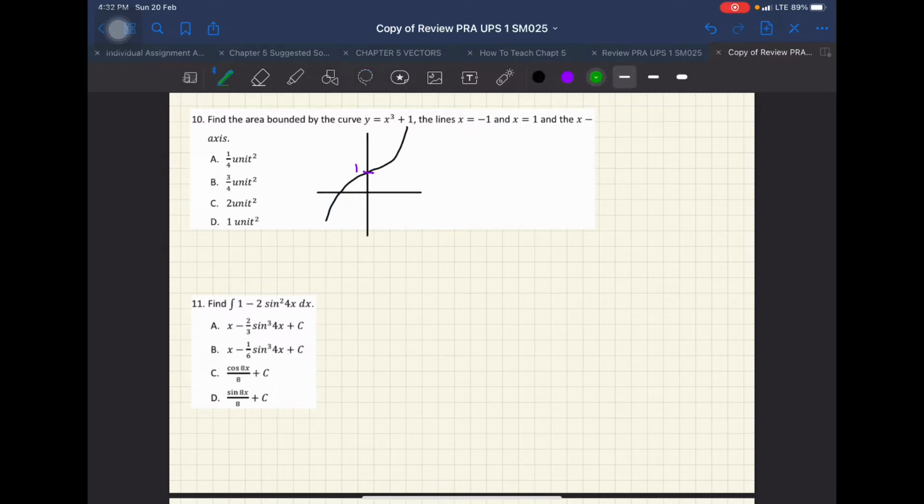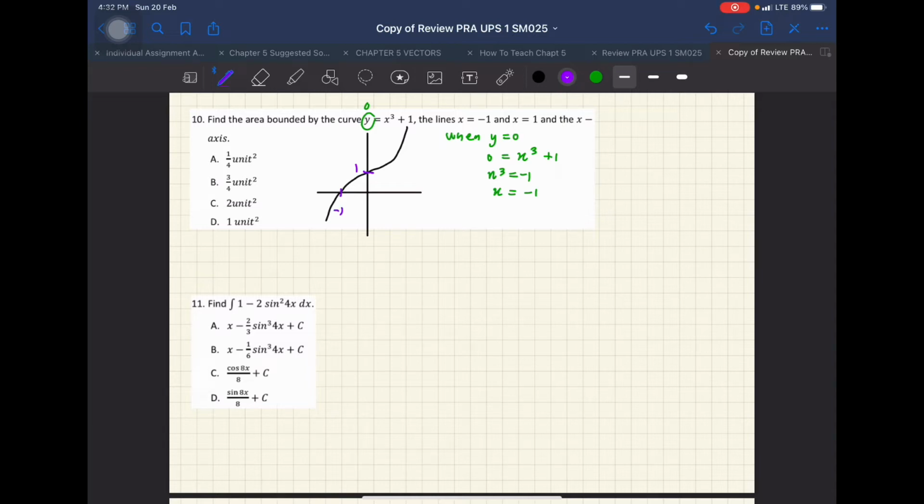So x-intercept means that your y is 0. So when y is equal to 0, okay, so substitute kat sini kosong, awak akan dapat kosong sama dengan x cube plus 1. So you have x cube equal to negative 1, which gives you x equal to negative 1. Okay, so this one over here is negative 1.